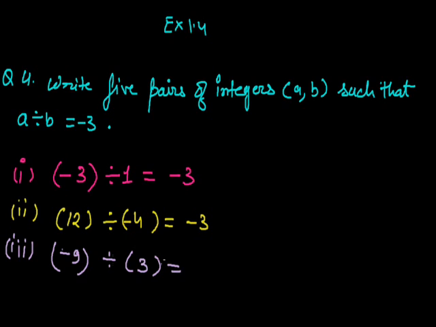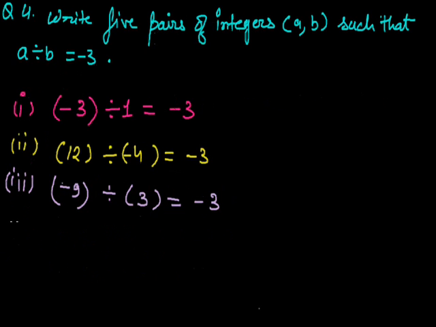That means when 9 is divided by 3 you get 3, and due to the minus sign of 9 you will get minus 3. Now the fourth pair will be 15 divided by minus 5, which will give you again minus 3. As we know, 3 5s is 15, so when 15 is divided by 5 you will get 3, and due to the minus sign you will get minus 3.